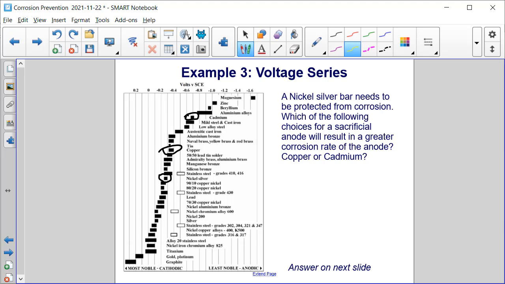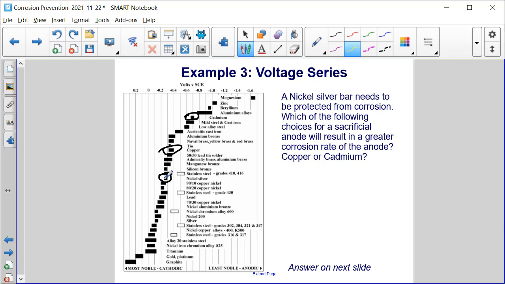Okay, so both copper and cadmium have a more negative potential than the nickel-silver bar, so that's good. They will both act as sacrificial anodes, but the greater the difference in electrochemical potential, the faster that rate will occur.